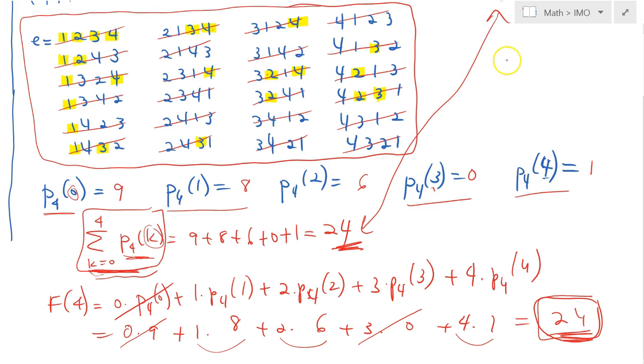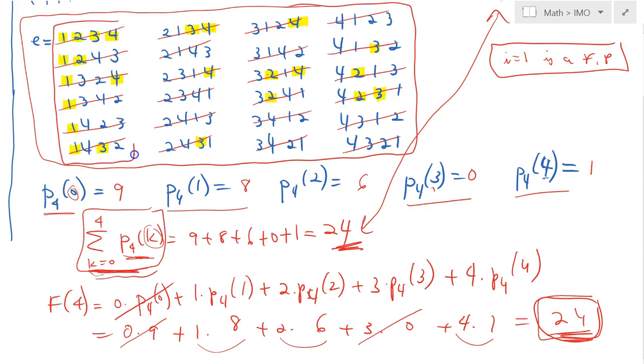So for instance, consider the permutations where 1 is a fixed point. The permutations where 1 is a fixed point are these permutations, right? In all these permutations, 1 is a fixed point, and there are no other permutations where 1 appears in the first position.